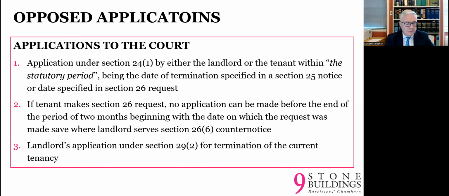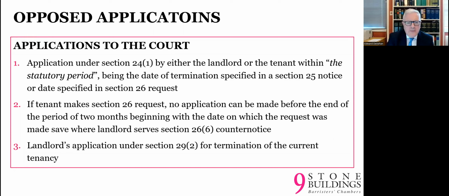Applications to the court, getting more into the meat of it now. There are 3 types of application that can be made: an application under section 24(1) by the landlord, an application under section 24(1) by the tenant, or an application by the landlord under section 29(2). The application under 24(1) is an application for the grant of a new tenancy.